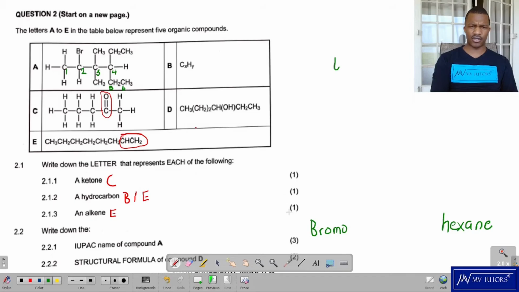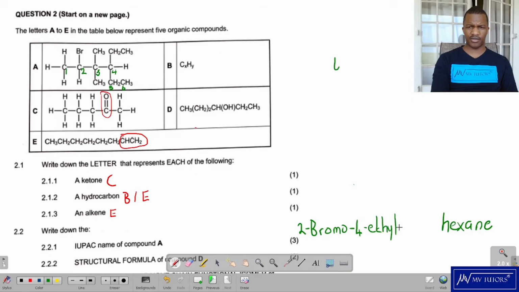The bromo is on 2, so we'll put 2, a dash, and bromo. Then what comes first, an E or an M? An E comes before an M, so we have ethyl first. The ethyl is on carbon number 4, so we're going to have 4, dash, ethyl.